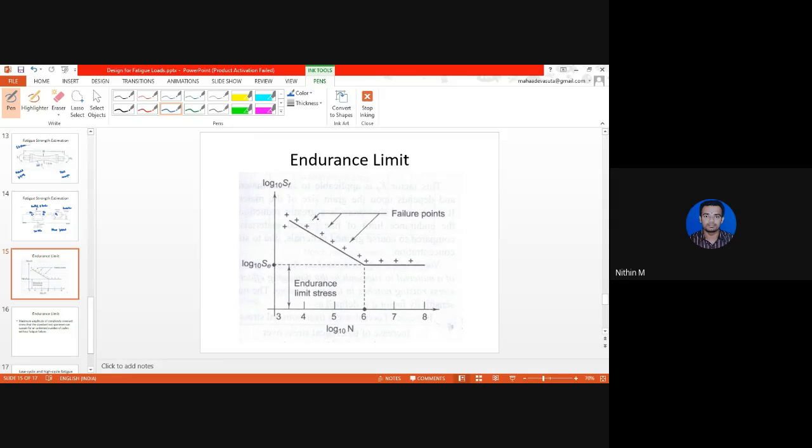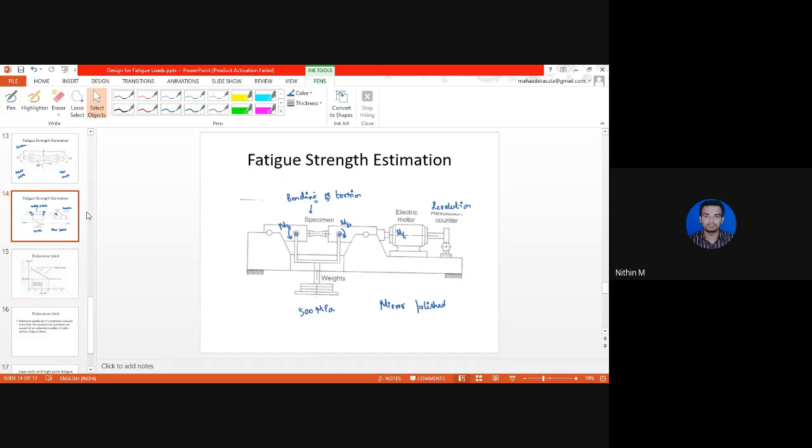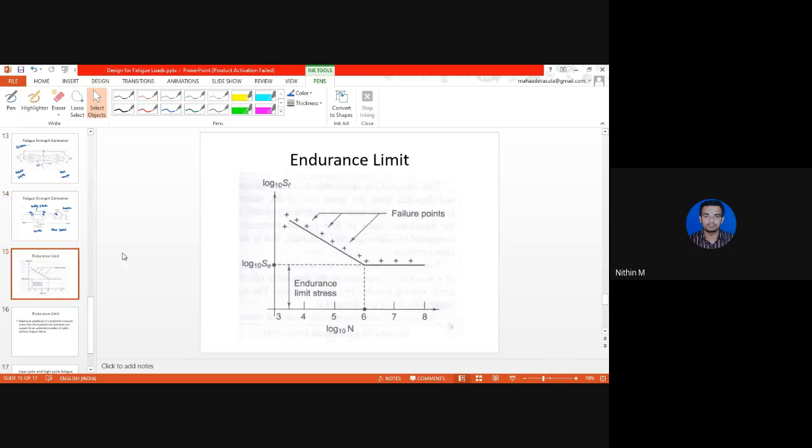Say I have applied a stress of 500 MPa, and you assume that the component will fail at 10 to the power of 3 cycles, or 10 to the power of 3.5 cycles. So this is 10 to the power of 3, 10 to the power of 4, 10 to the power of 5, and so on. Similarly, the same thing happens here, beginning with 10 to the power of 3, 4, 5, 6, and so on.